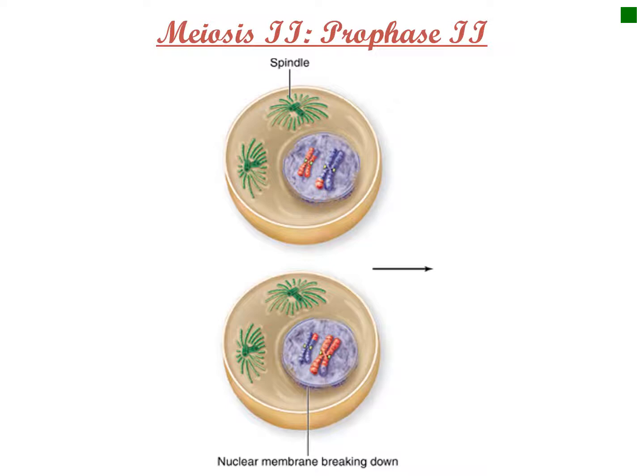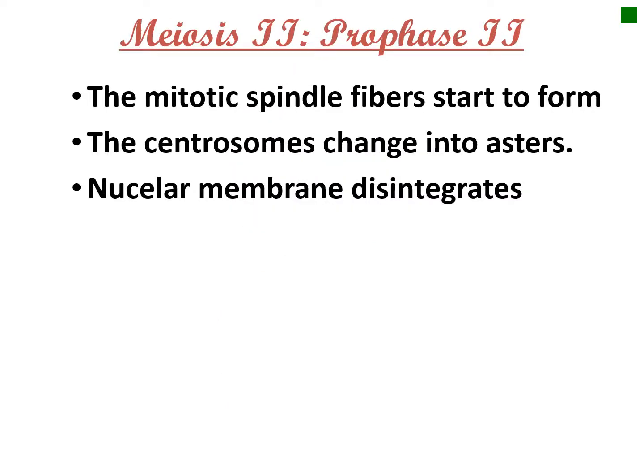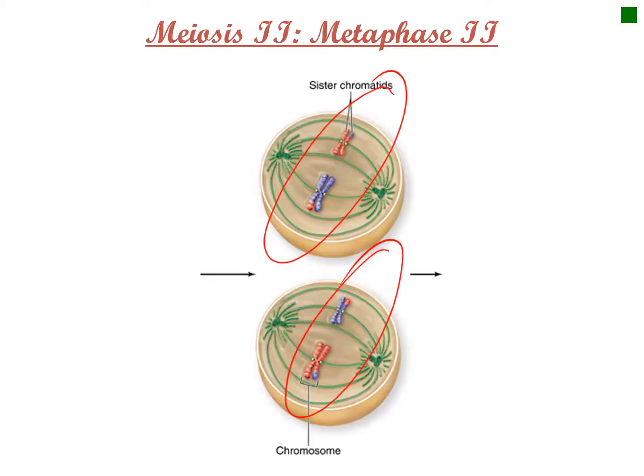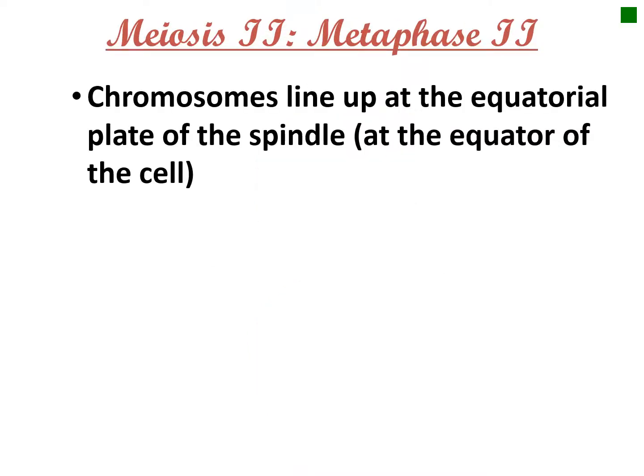Prophase II of meiosis II. Similar to mitosis, spindle fibers start to form, centrosomes change into asters, and the nuclear membrane disintegrates. Metaphase II, the same also as mitosis, the chromosomes line up in the middle of the cell, forming what's known as the equatorial plate.